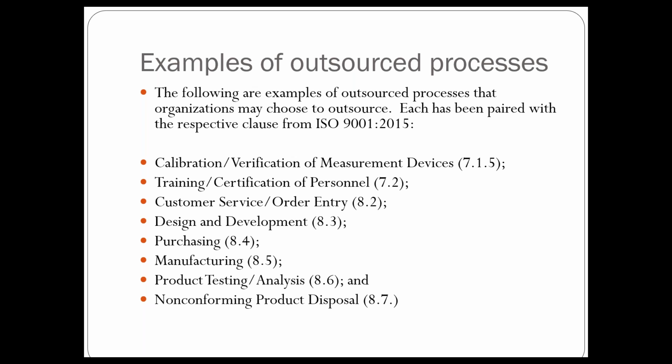So what are some examples of outsourced processes, things that the organization might not be doing in their building? Well, we might think about calibration. This is a very common one. Not every organization can do their own calibration, so they have to bring in an outside provider.